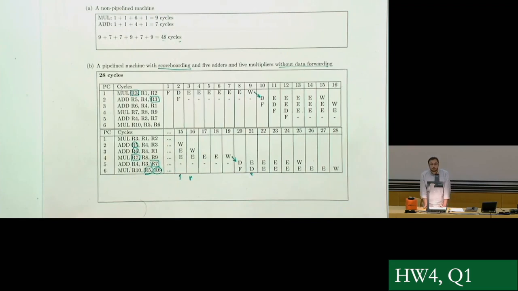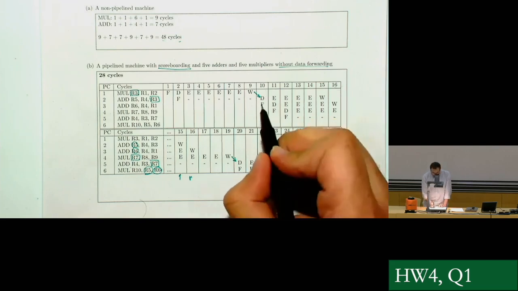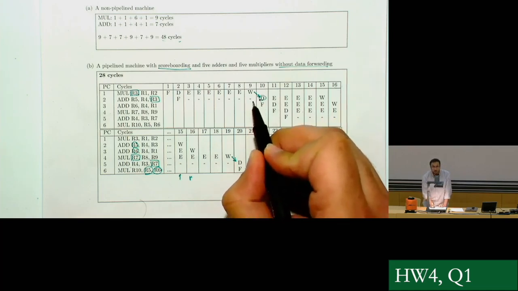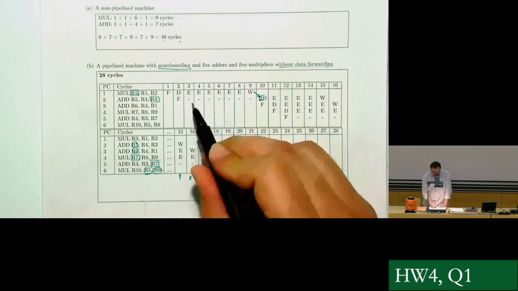Yes? Why can't you decode the following instruction while it is executing the instruction? Why can't I decode the second instruction that is dependent? So this decode goes to where in your question? Ninth? Third column here?